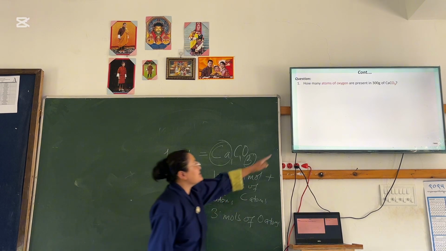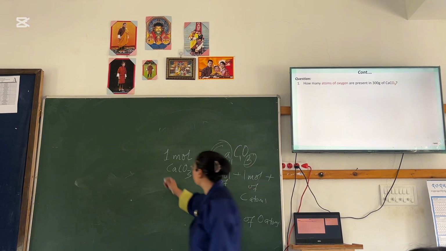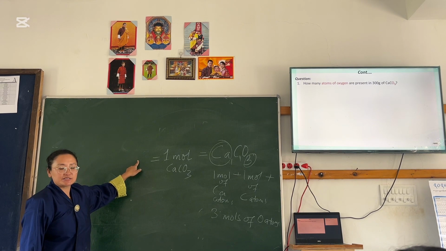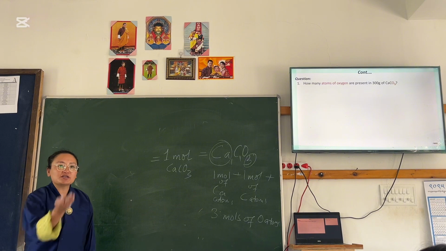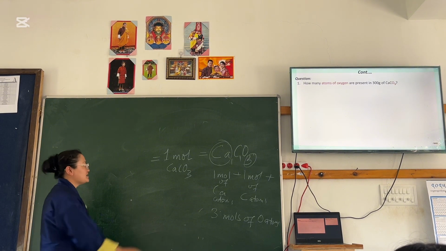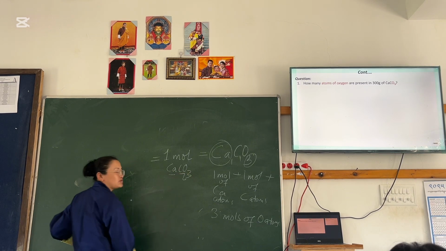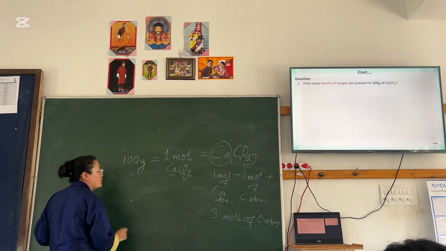Right now they have given mass, 300 grams of calcium carbonate. So 1 mole of calcium carbonate in terms of mass, how much is it? Mass, not Avogadro's number. Talking about molar mass: calcium 1, carbon 1, oxygen 3, so 100 grams.